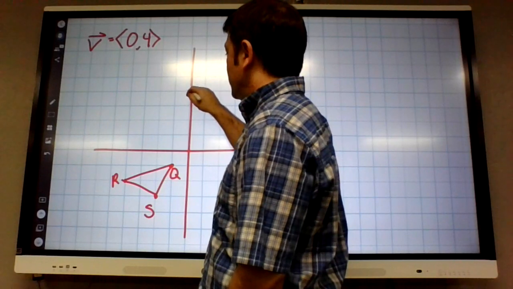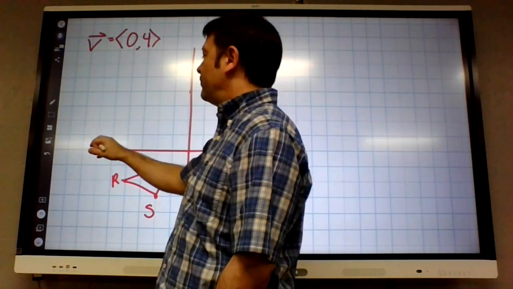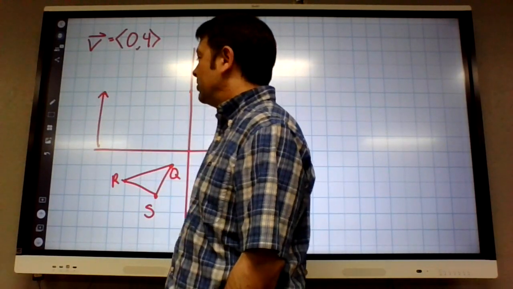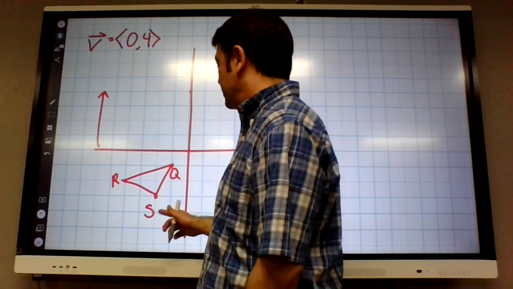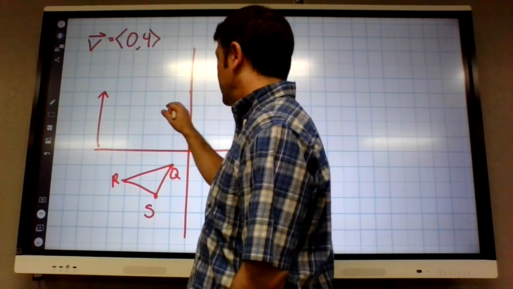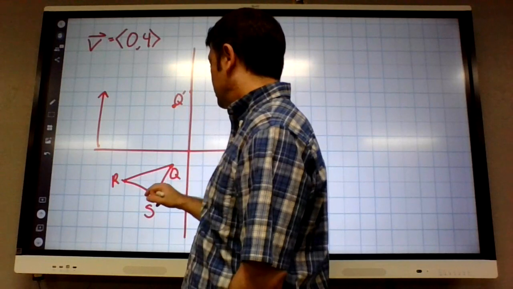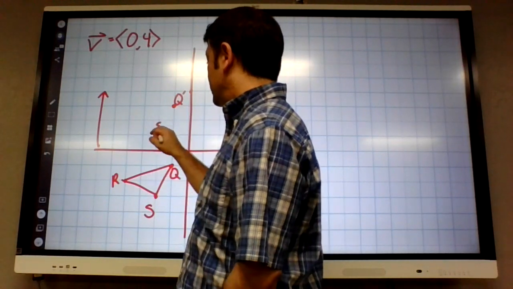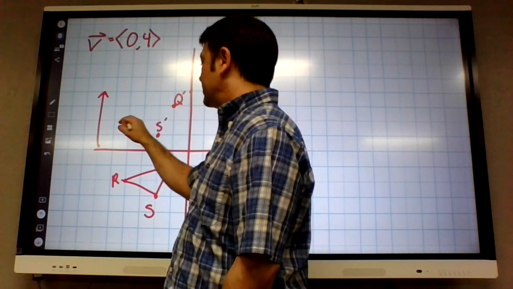Up 4. So the vector 0, 4 just means we're going up 4. So all three of those points need to go up 4. That's easy. Well, that's step 1. The other step is not that hard though.